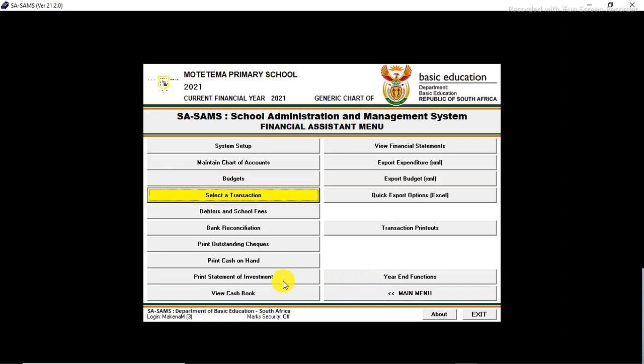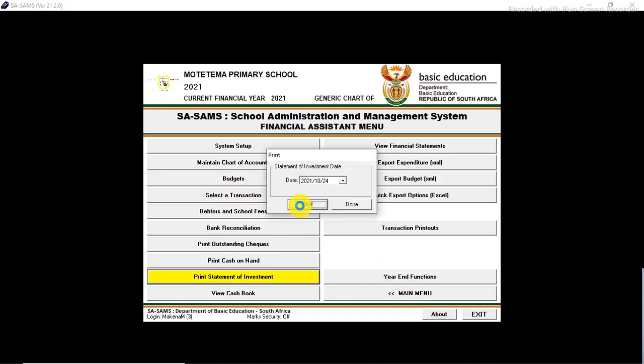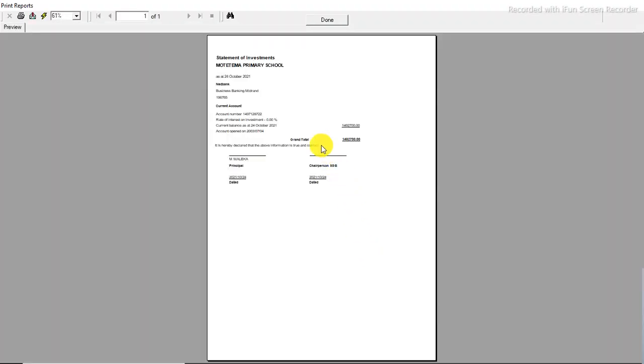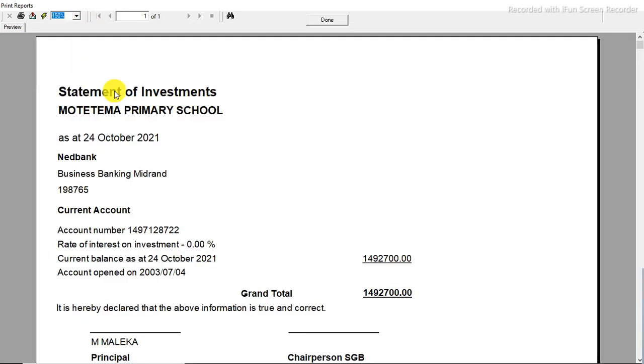Now we look at how much money you have. The statement of investment will let you know. Remember I said outside of the recording, I recorded 1 million, and then I recorded 500,000, and then minus the payments we made to the teacher. We paid 2 times to the teacher.